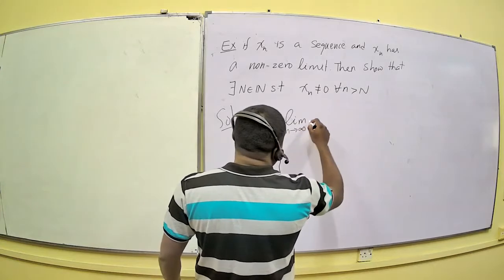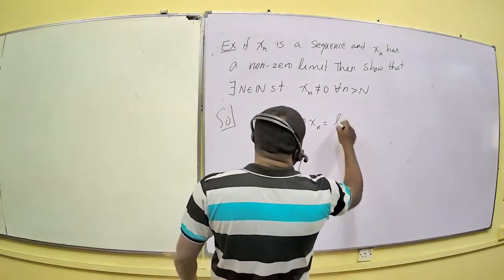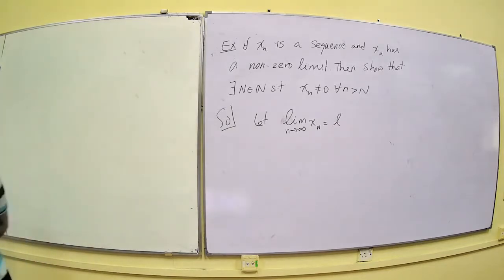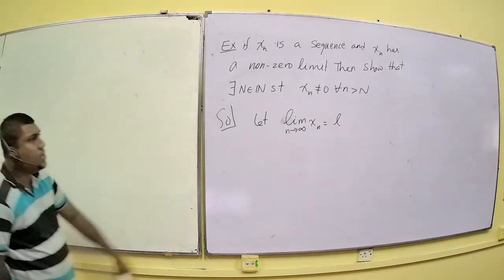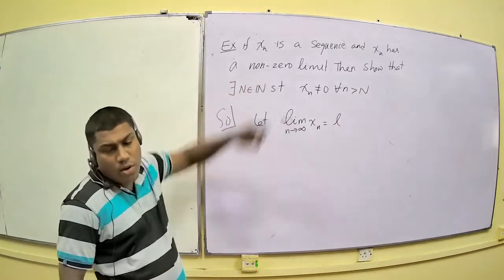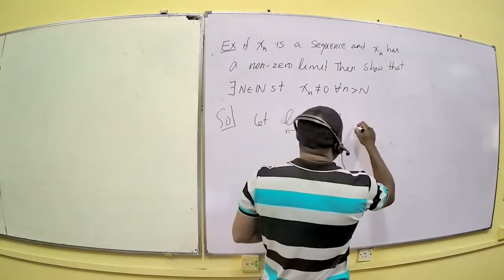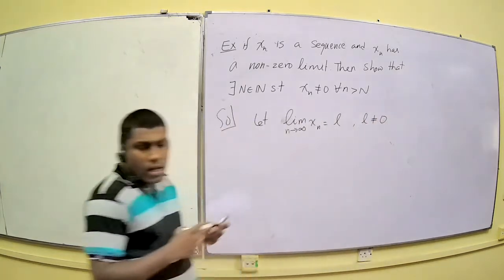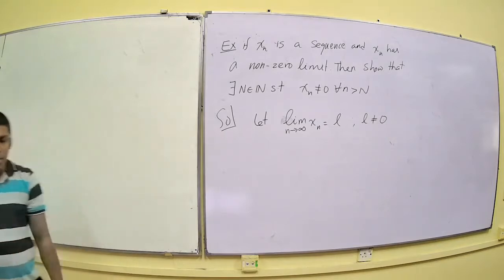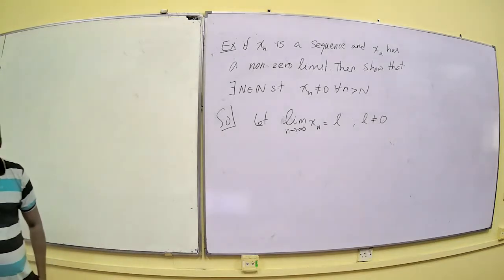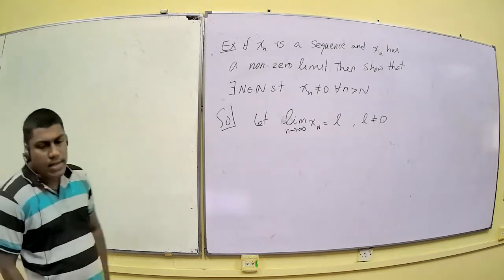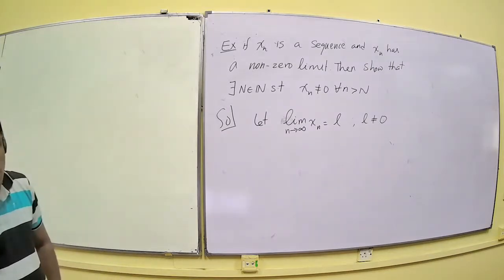Okay, so let L be the limit of the sequence, and it says the limit is non-zero. So you clearly know L is a non-zero number, because the sequence has a limit and that limit is non-zero.